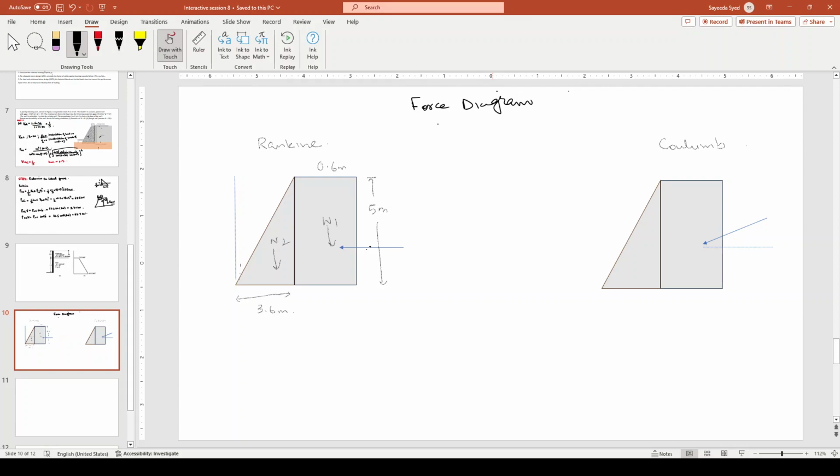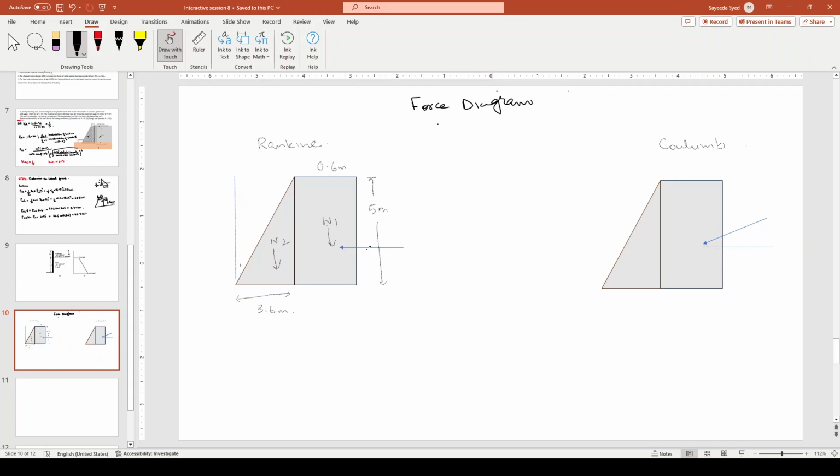W1 will be acting at 2.5 meter above the base. W2 will be acting at 5 by 3 meter above the base. And the distance of the centroid from the x, let this be x2, and this will be obviously 5 by 3 plus 0.3. Let this be x1.